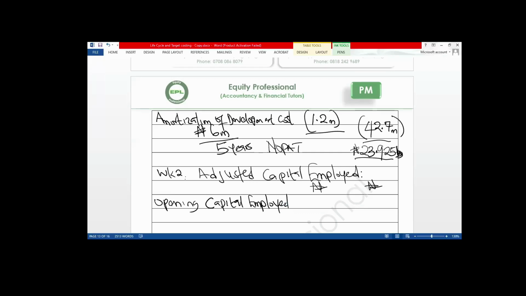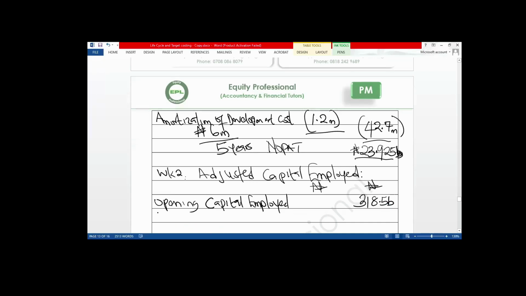It was closing for 2017; it becomes opening for 2018. So what is the figure? Check. 318.5 billion.